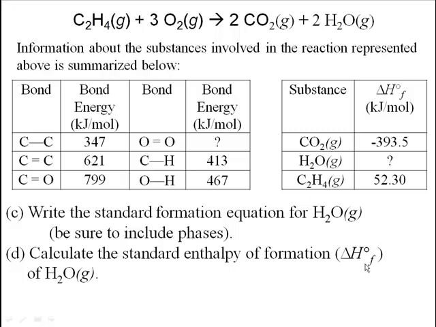All right, in just a moment, we're going to look at how to do C and D here. The heat to form the products minus the heat to form the reactants.